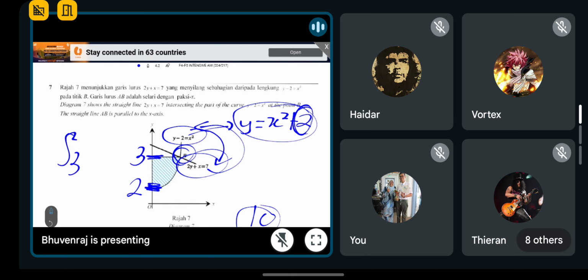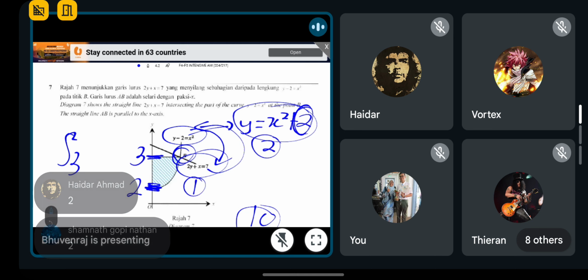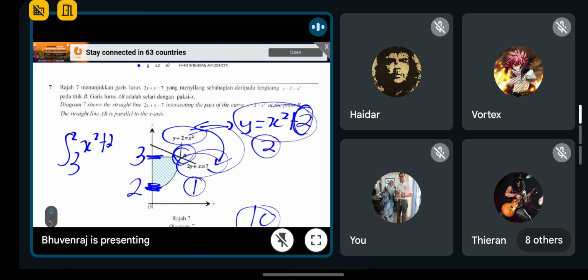Okay, so the function, which function should I integrate? Number 1 or number 2? Fungsi mana kena melalui proses pengamilan? Yes, very good. The second one. Okay. So you must make x in terms of y. Now with respect to y axis. Okay, paksi y. So can you guys tell me what is the equation I should put over here? Cuba modify yang ni. Try to modify and tell me what you get.